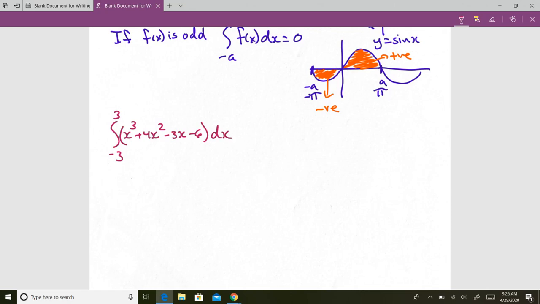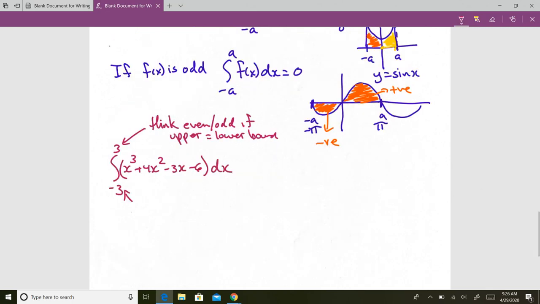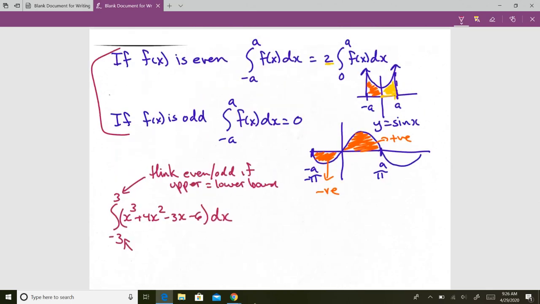So whenever you see upper and lower bounds that are the same, think even and odd. Okay. So think even, odd, if upper equals lower bound, because then we can use these two properties here to hopefully simplify ourselves.